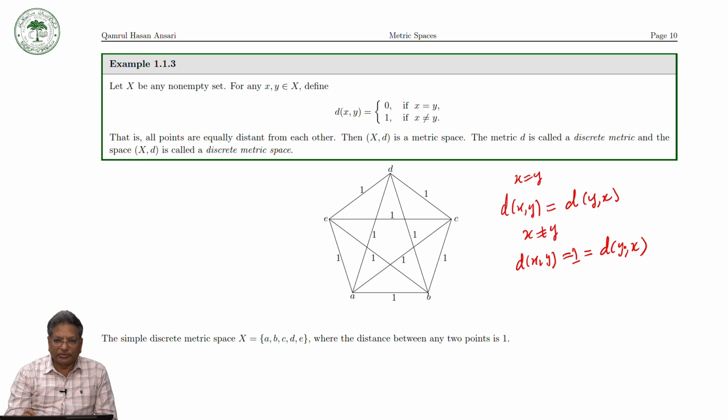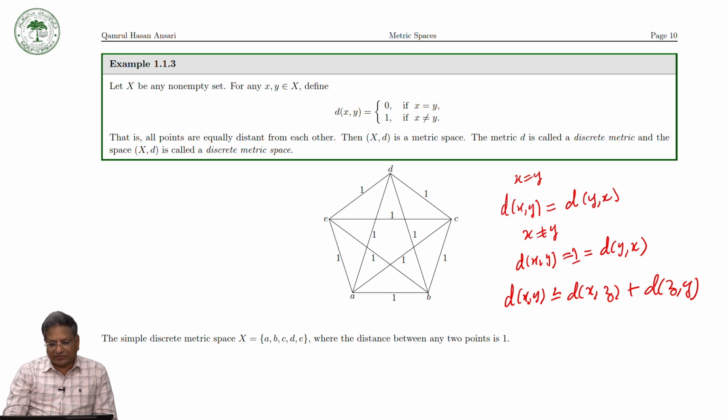So that is M3. Now what about the triangular inequality? Again you can prove the triangular inequality, that d(x,y) is less than or equal to d(x,z) plus d(z,y). For this you have to consider any 2 points x and y.